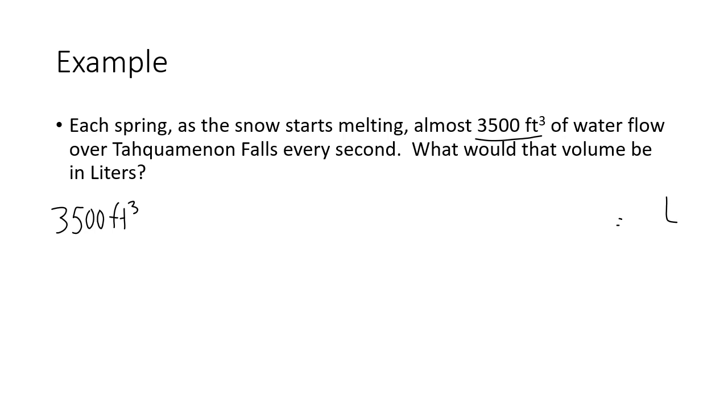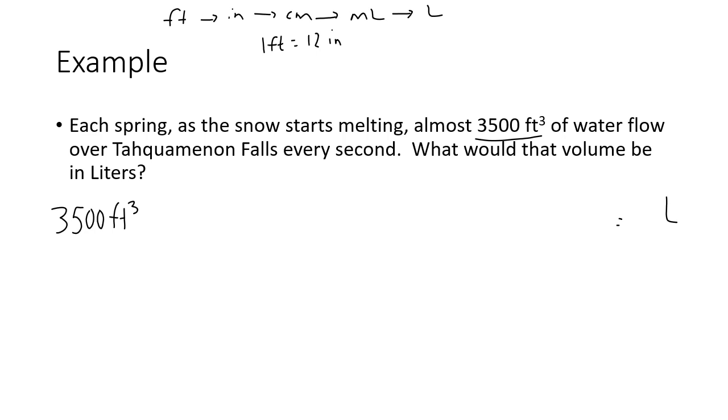For example, we could convert feet into inches. You might say, why inches? Well, inches will get us closer to centimeters. Centimeters will get us closer to milliliters, and then milliliters will get us closer to liters. That's kind of a path that we could take. So I could use the fact that 1 foot is equal to 12 inches.